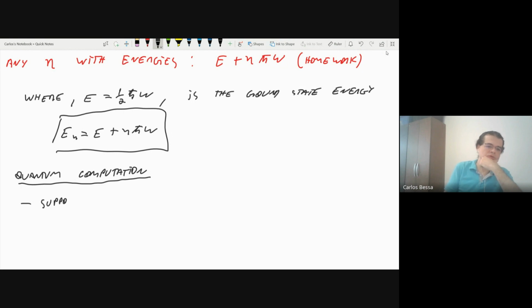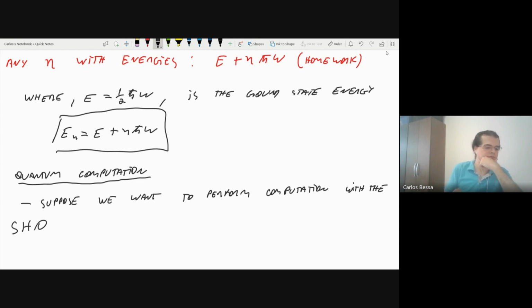So suppose we want to perform computation with this single harmonic oscillator described before.